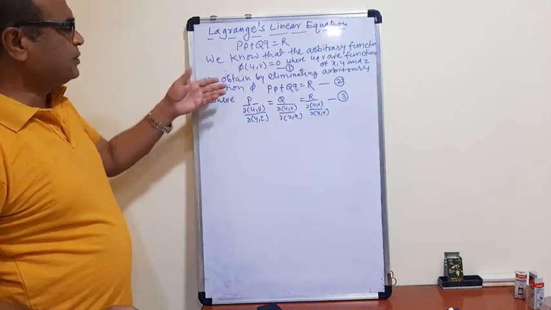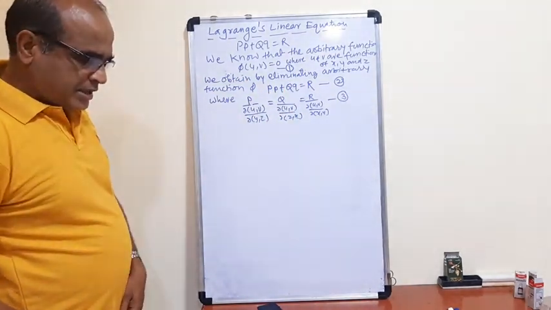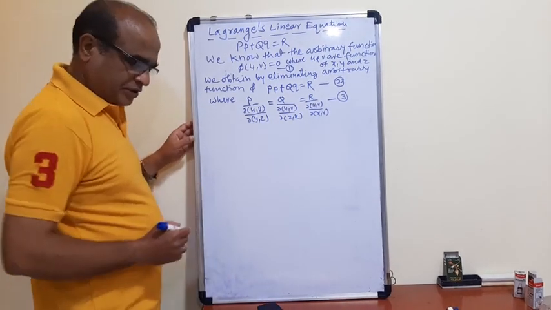So that is P upon this, Q upon this, R upon this. This is equation number 3.